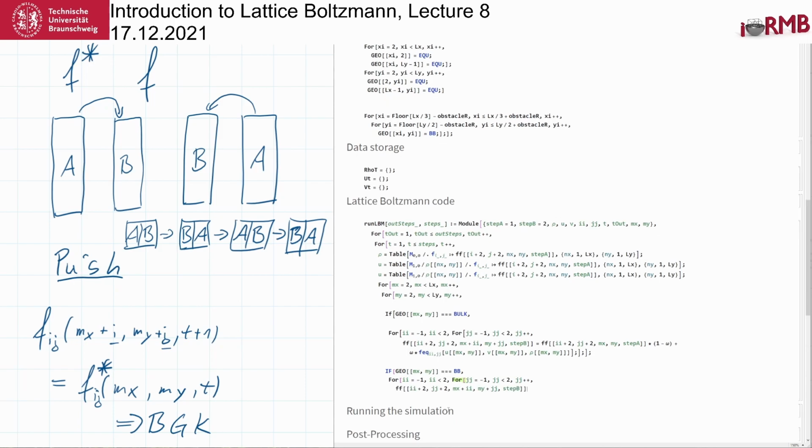And what bounce back does on this node, it just inverts all the directions. So the inverse direction means that instead of ii, we get minus ii, and instead of jj, we get minus jj.